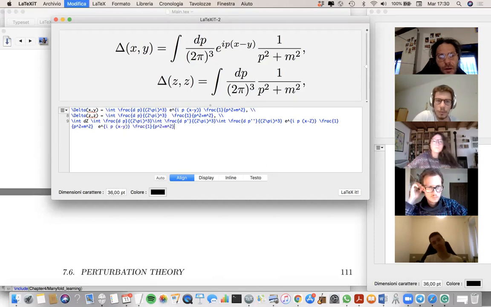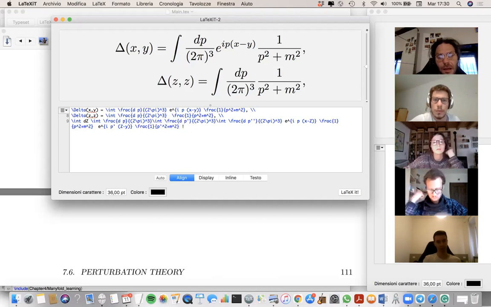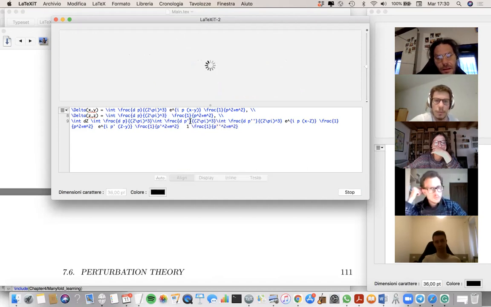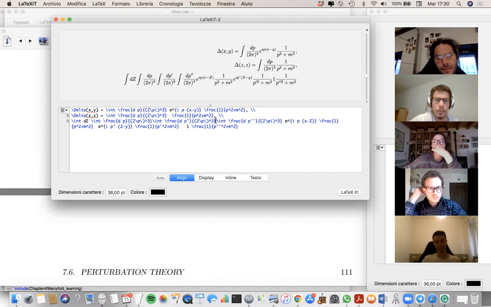One of them will come with p prime, and this is going to be z, y. And one of them is going to have nothing up here. So let's say 1. And it's going to have p double prime. Let's see if it compiles that. Yeah, not very clear.